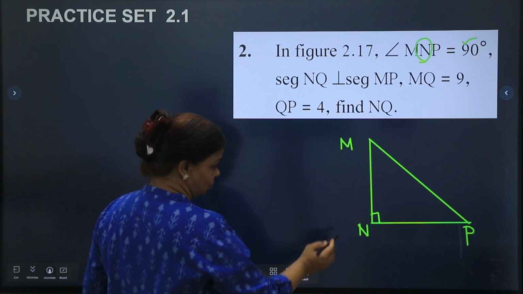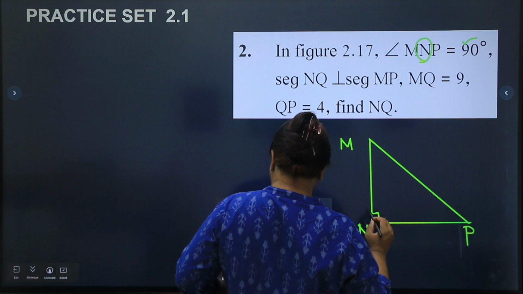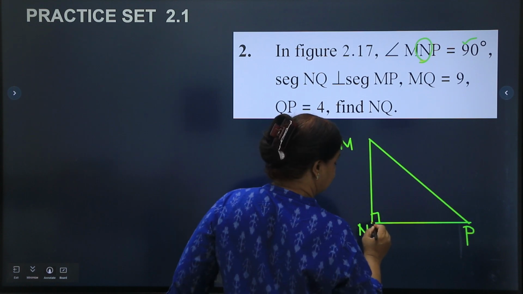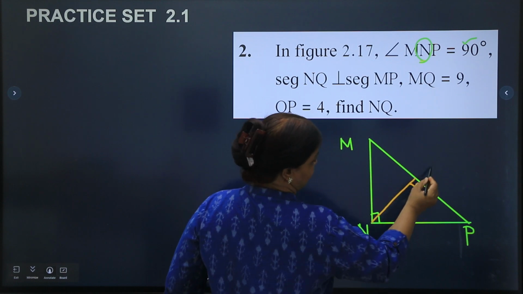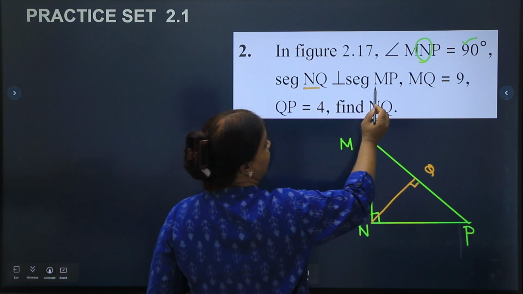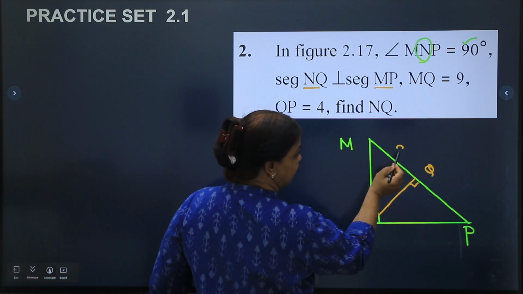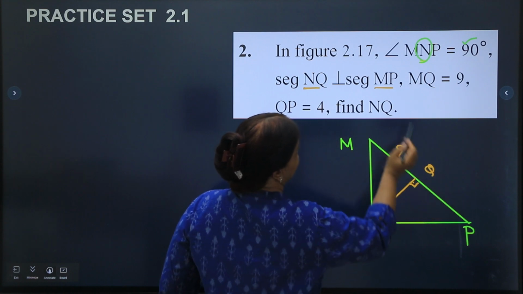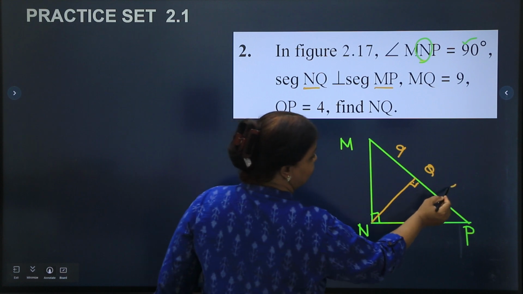Segment NQ means from here we have to draw a segment which is perpendicular. NQ is perpendicular to MP. This is MP, children. MQ is given 9 and QP is given 4.